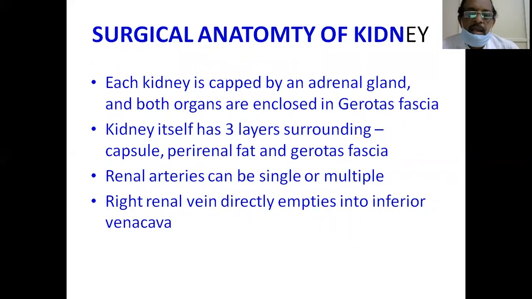This causes an effect called Page kidney, wherein there is increased tension within the Gerota's fascia, which may lead to hypertension, which is a hyperreninemic hypertension. Also, this controls the bleeding because of the pressure tamponade effect over the kidney. This limits the bleeding also. So Gerota's fascia is very important to control the bleeding.